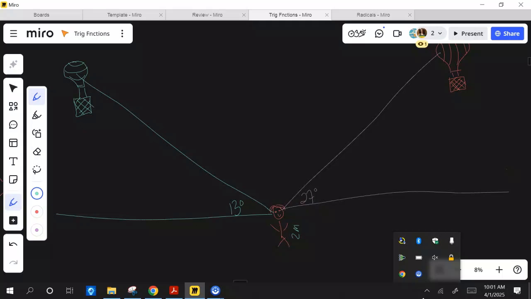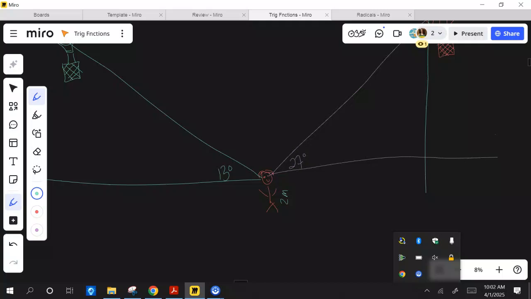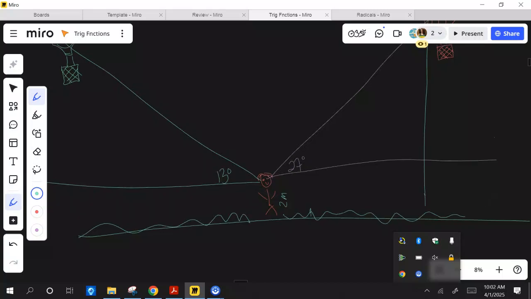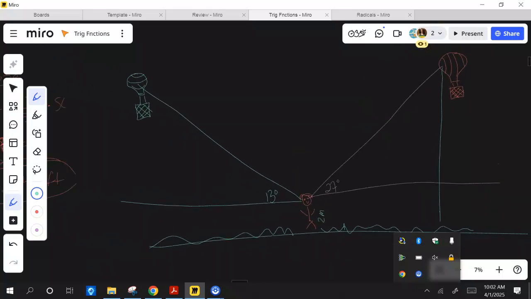The altitude of the first, all the way down to the ground would be altitude, right? Because here's the ground. There's grass growing. It is looking a mess, but I want you to understand where these numbers are coming from. The whole entire altitude is 250 meters.